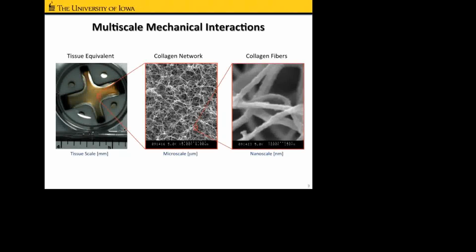But the other component of this is that the loads and constraints that are applied at the tissue level are transmitted down into the extracellular matrix, where they can provide signaling mechanisms that alter or affect cellular behavior, which in turn can result in a change in the composition and organization of the microstructure, and hence the mechanical properties.